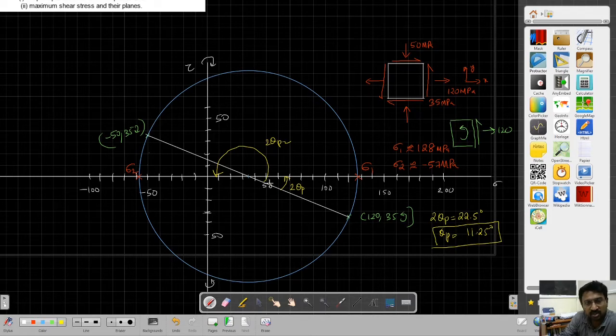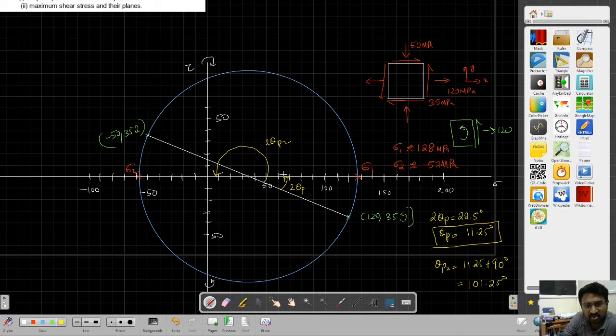So to 2 theta p you have to add 180 degrees in the Mohr circle, which in the actual case means adding 90 degrees. So the second point is 11.25 plus 90 degrees, which comes to 101.25 degrees. So theta p2 is 101.25 degrees.